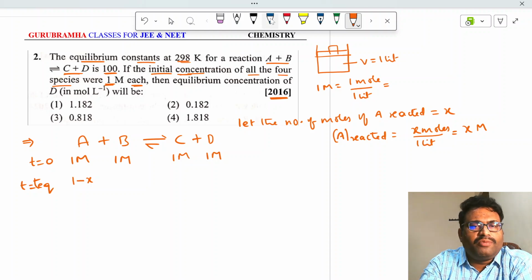If 1 mole of A is reacting, the same 1 mole of B reacts. So if x mole of A is reacting, how much B will be reacting? That is also x.